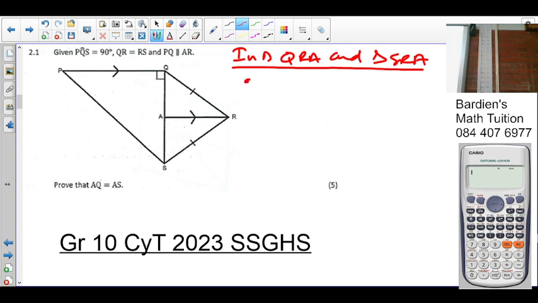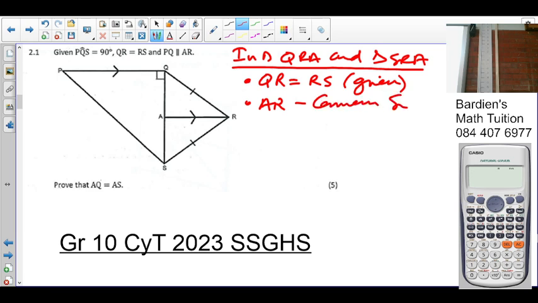Firstly, QR is equal to RS. Why? It is given. We know that AR is a common side. You must either say common side or common angle. Okay.